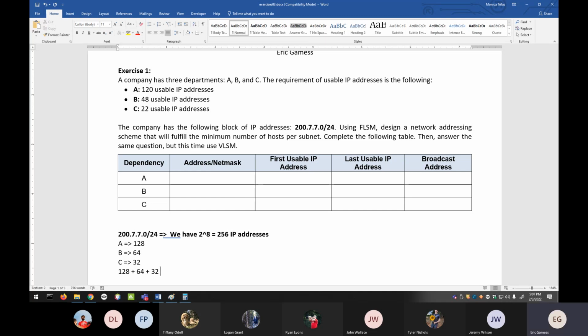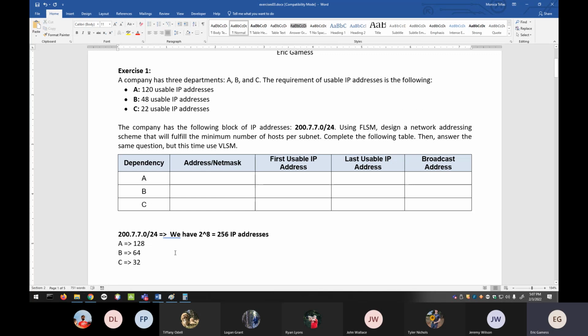Oh, sorry. If we are using subnets of the same size, what will be the size, the common size? I have to use a common size between A, B, and C. Because we are using here, they say, you are using subnets of the same size.